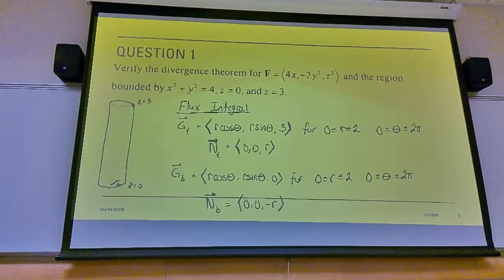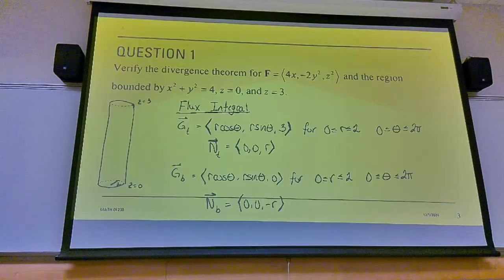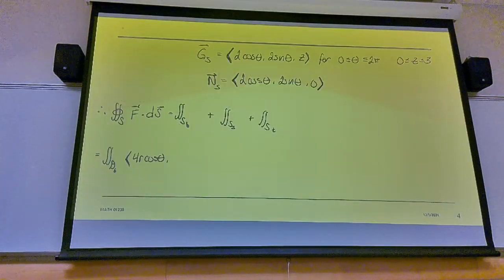Minus 8. Minus 2. No, minus 4. That should make it square then, so it'd be negative 2R squared sine squared theta.